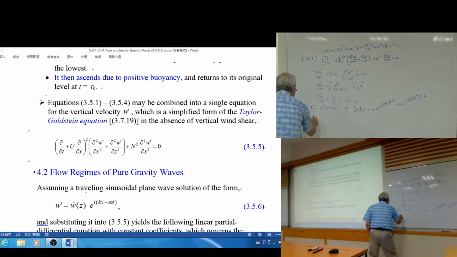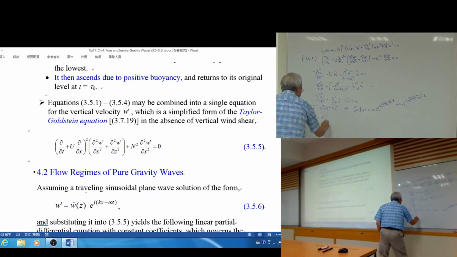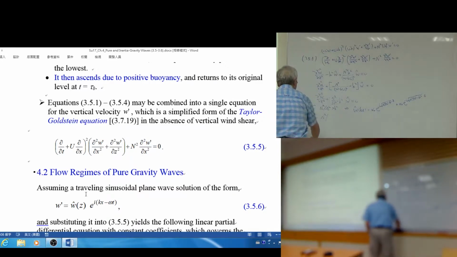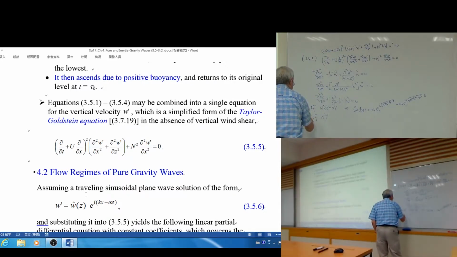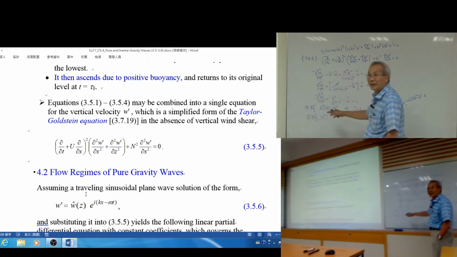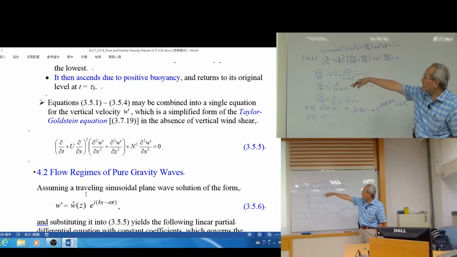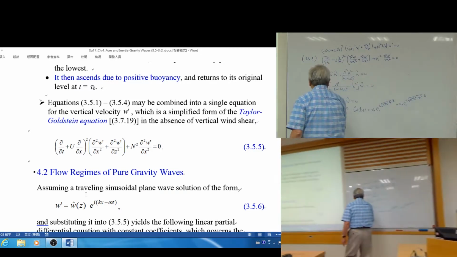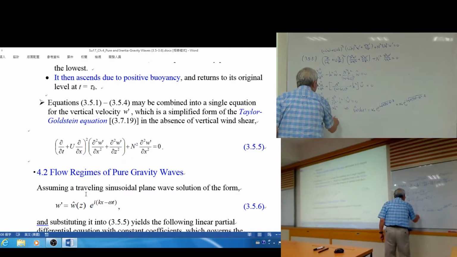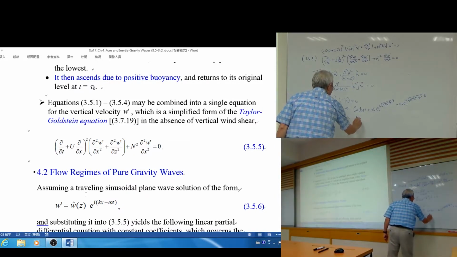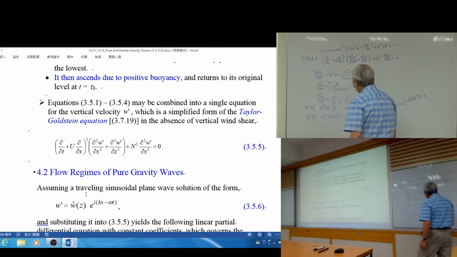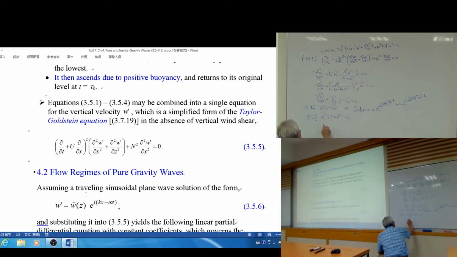Second case, say this is the second case and that was the first case. It doesn't matter, just to be consistent with my notes so you don't get confused. So N squared over Omega squared less than k squared implies we have an equation like this.